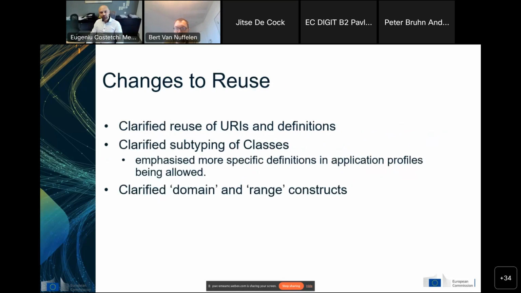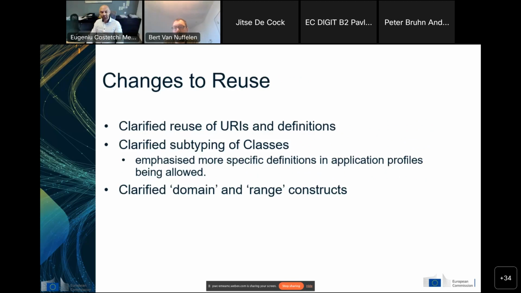When it comes to reuse, there were quite some nuances when it's about reusing a class but further refining it, because the initial or external foreign class is too broad, and we need a more specific variant of it.